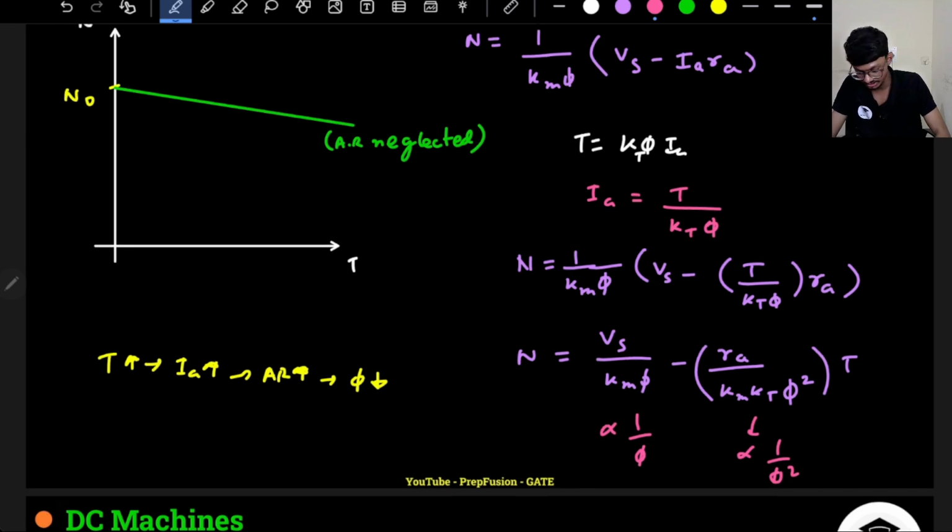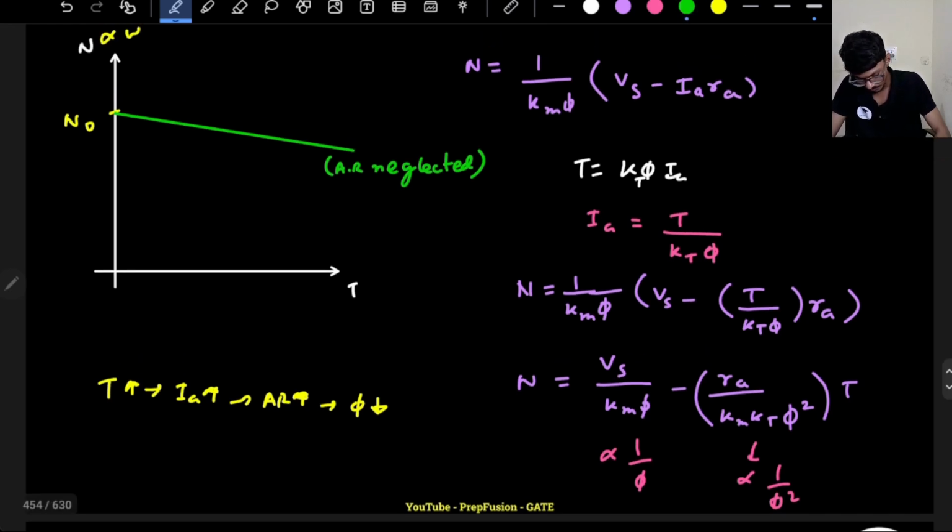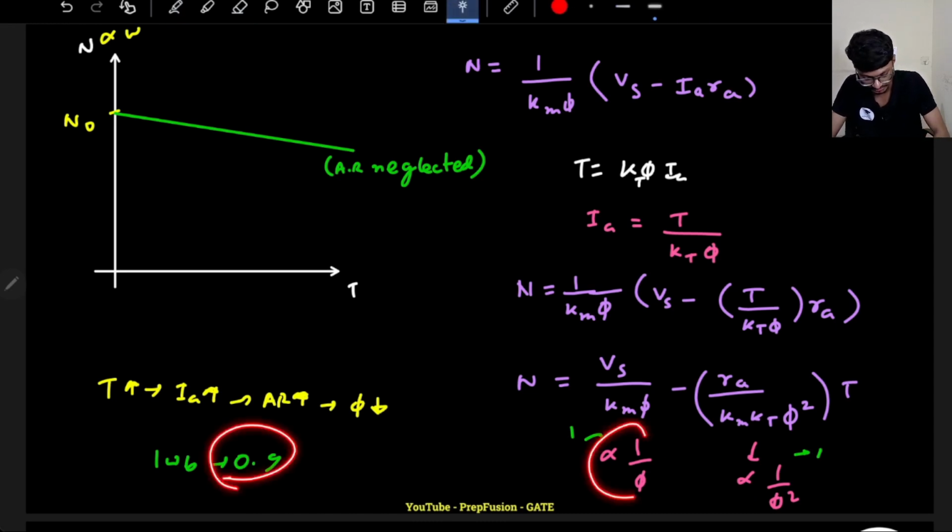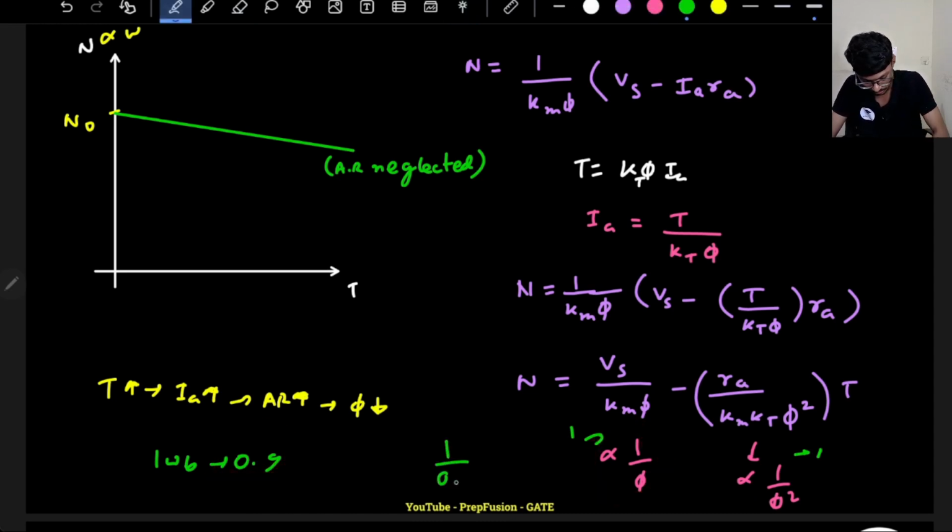I will just give you an example. Previously the flux was 1 Weber, now due to armature reaction it is 0.9 Weber. Previously the value was 1 by 1, so 1 was the initial value here as well. Now it has changed to 0.9, so the value is 1 by 0.9, which is 1.11.